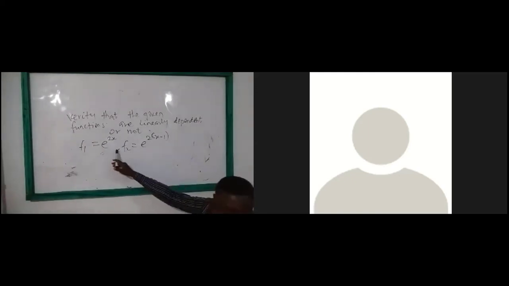Now, the methods we can apply, there are two. You can use the Wronskian method, where we are looking at finding the determinant of the functions given.